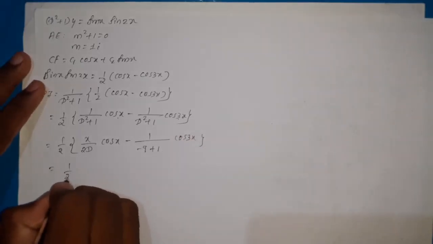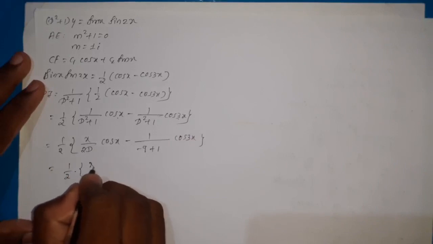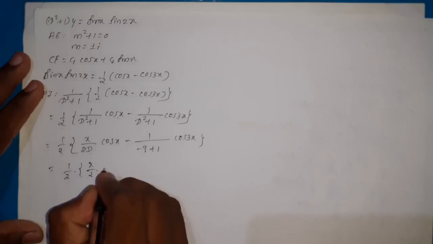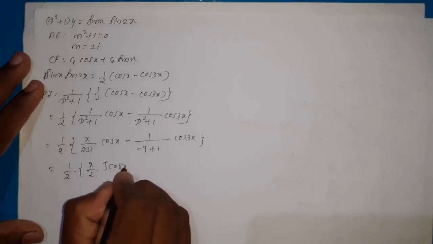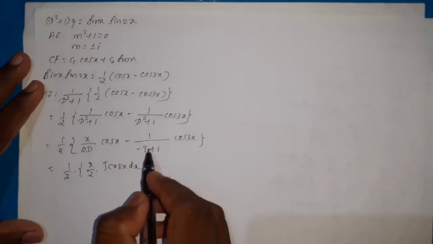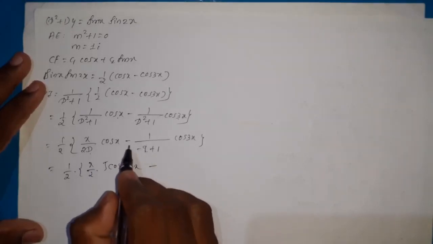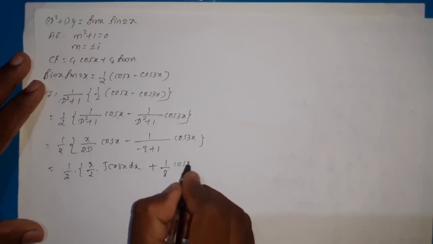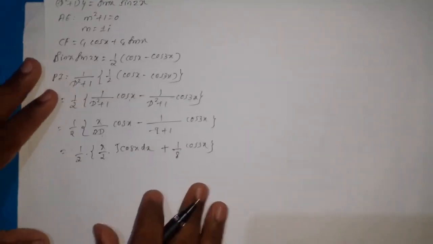Then it is 1 divided by 2, so here x by 2, and 1 by D is the inverse operator. So that can be written as integration of cos x dx, minus, here the denominator becomes minus 8. So minus of minus becomes plus 1 by 8 cos 3x.